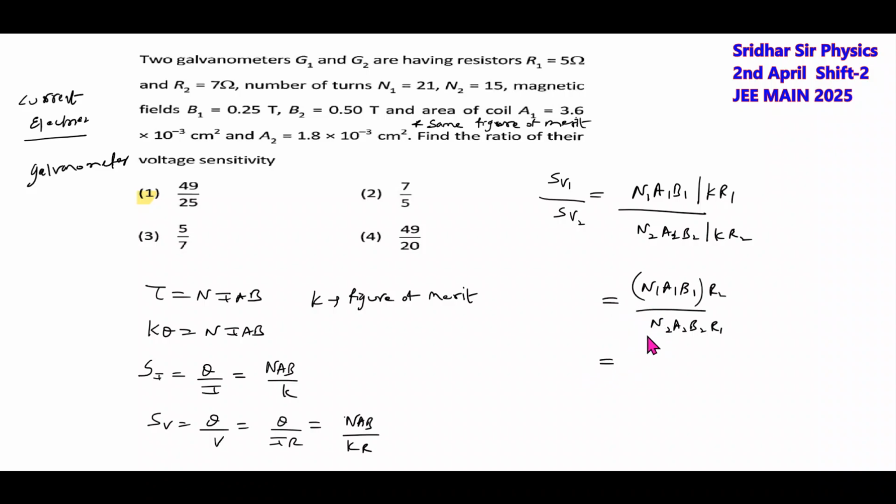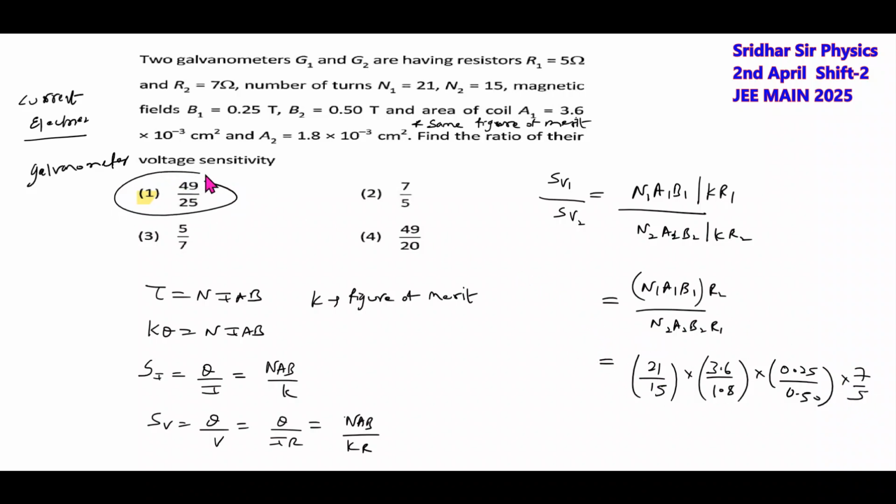So the ratio N1 by N2 is 21 by 15, A1 by A2 is 3.6 by 1.8, B1 by B2 is 0.25 by 0.50, R2 by R1 is 7 by 5. Solving this, we'll get the answer.